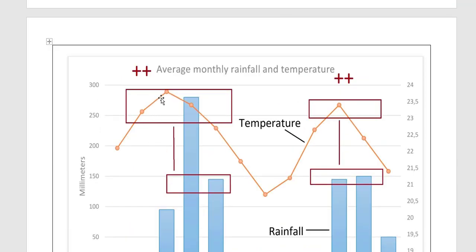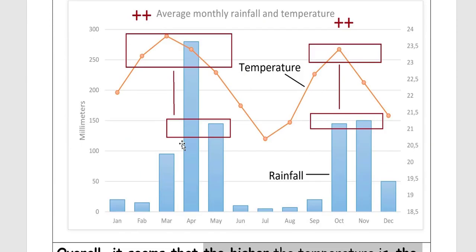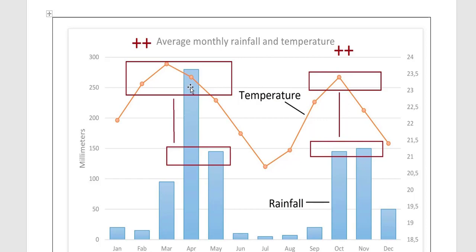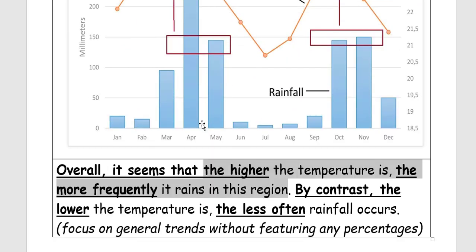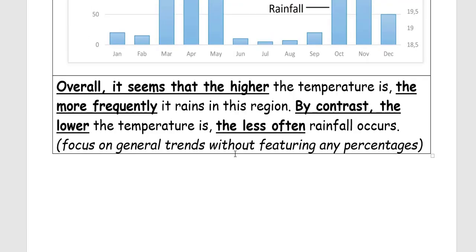Now, if you look at this carefully, right, we have a high temperature and we see that the amount of the rain increases significantly here. By contrast, so when you write by contrast, basically you want to describe the opposite situation. So by contrast, the lower the temperature is, the less often rainfall occurs. So focus on general trends without featuring any percentages. So that's exactly what we have just done. Okay. Next, let's move on.